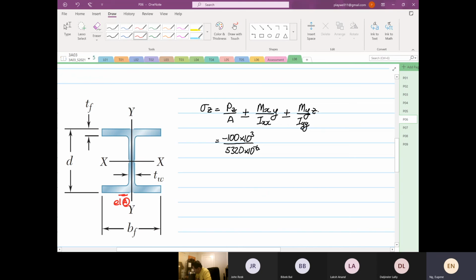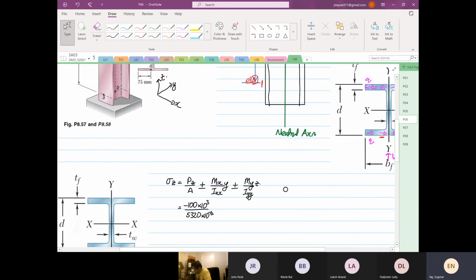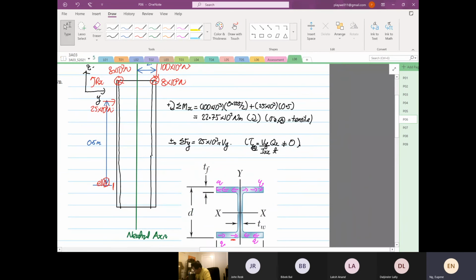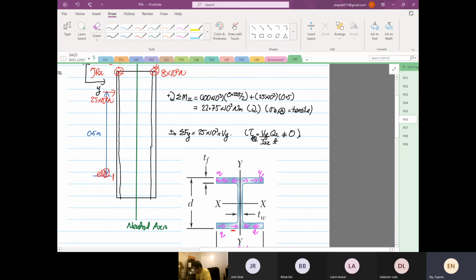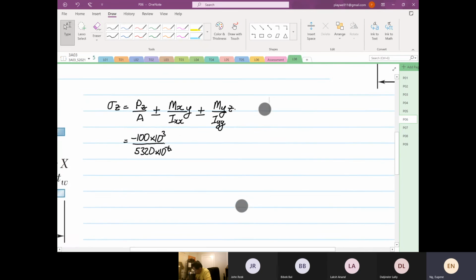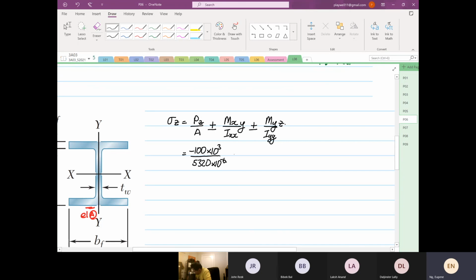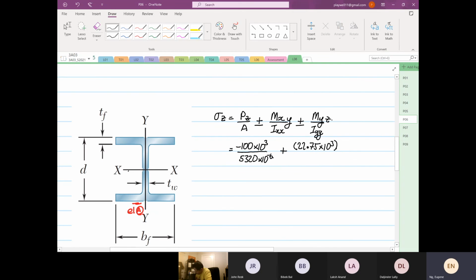So let's look at moment in the x direction. Where did we calculate our moment? If we look at our moment in x direction, it is 22.75 times 10 to the power 3, and it's in tension, so we know this is plus. And the y distance is from here to here, so it's d divided by 2.